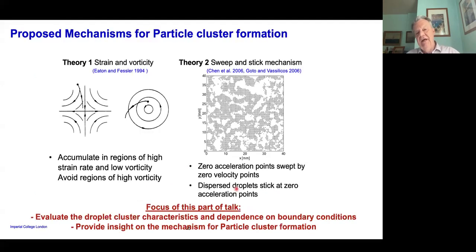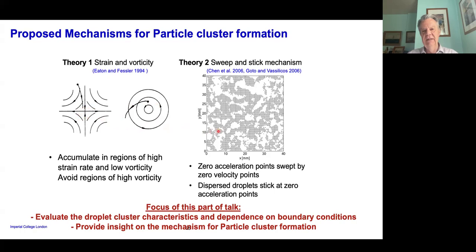And there are two different theories as to why this happens. One is the centrifuging effect, so you have some vortical structure which centrifuges the particles out of it, and they tend then to get concentrated in a region where you have effectively zero velocity.